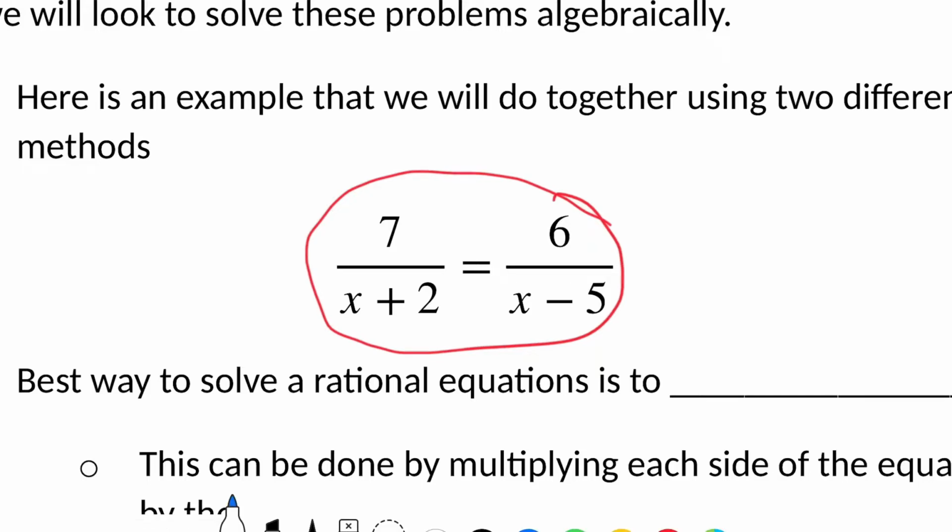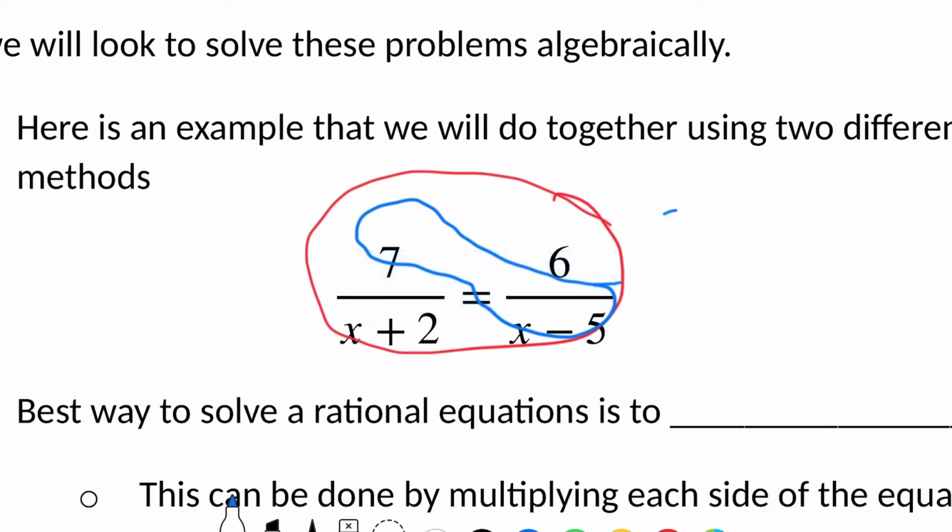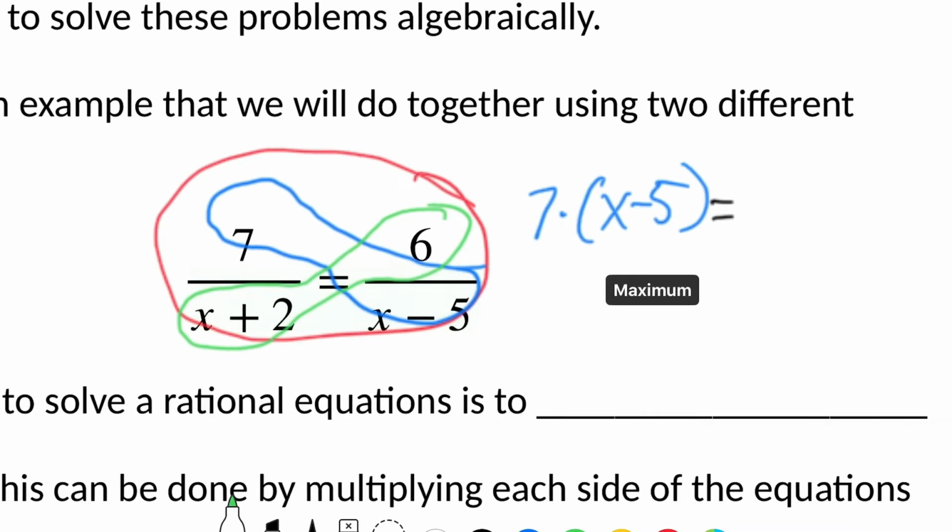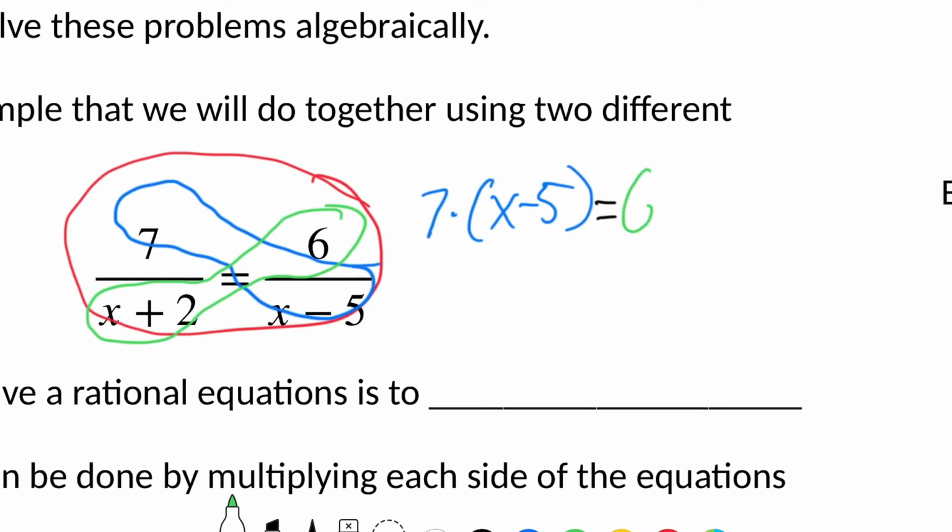In this one, we're going to cross multiply 7 and x minus 5. So 7 times x minus 5. And we're going to set it equal to our 6 times x plus 2.